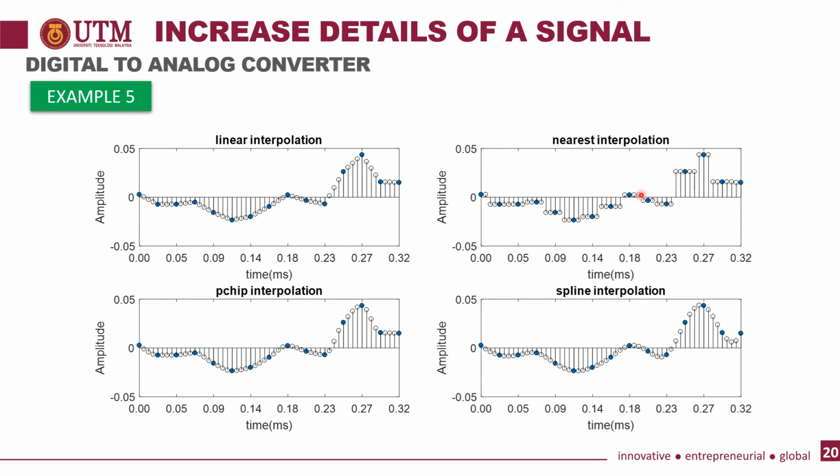This is the PCHIP, the data looks good, and also the spline looks good. I think the most accurate or most suitable is the spline, which has the better accuracy, as you can see from the last part. Maybe it has some curve here.